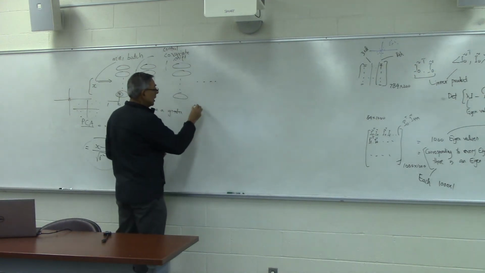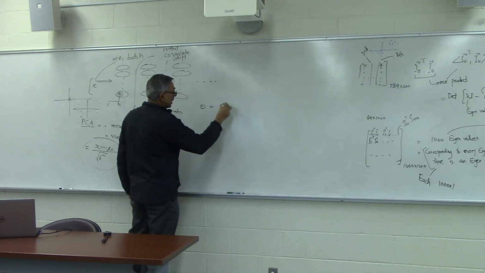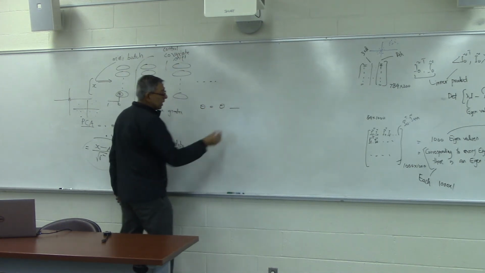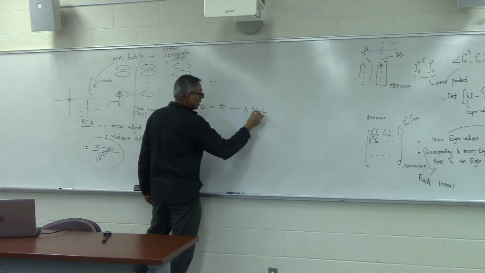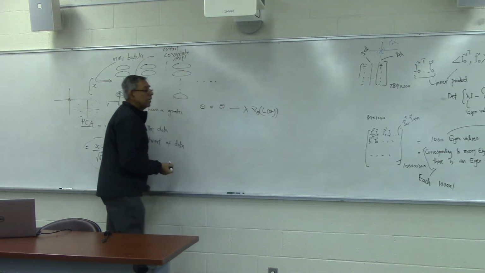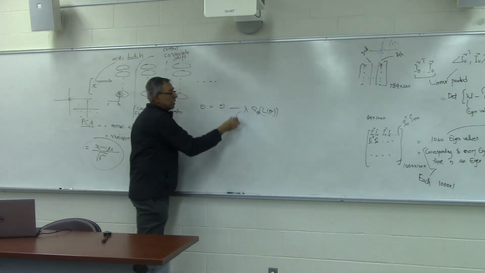Remember, in the gradient descent, it was theta minus lambda times the gradient of some loss function with respect to theta. This lambda was our learning rate.